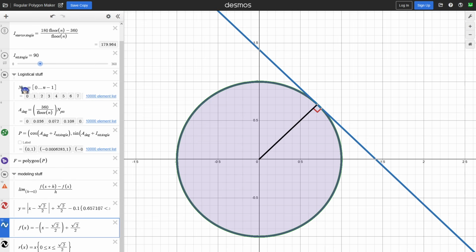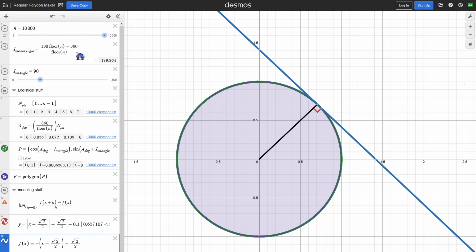Hence why the interior angle of every point on the circumference of a circle is 180 degrees. If you think about it, they're so close together that it might as well be a straight line, but that straight line is a tangent line. And the degree measure of a tangent line is just 180 degrees.